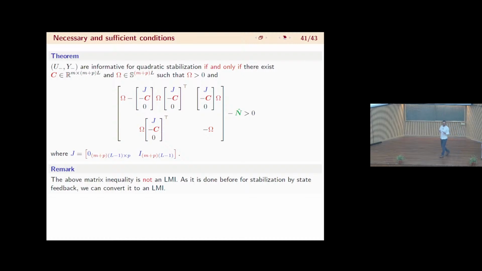Now, 41 out of 43, which means I have 2 more slides. We are all tired, we are all hungry, but we must also have the feeling that we achieved something. And we did indeed. We looked at 3 problems. H infinity control, in which we ended up with an LMI which was not so obvious that it can be cast as a QMI.